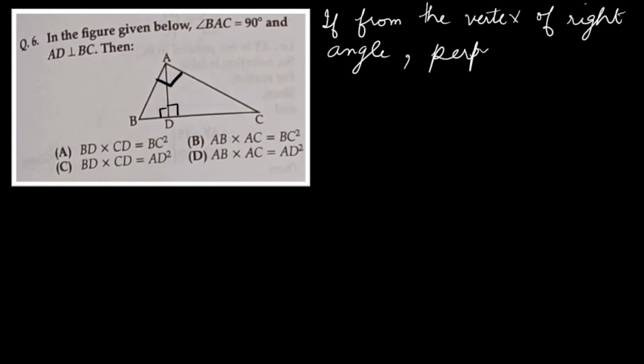See, three vertices are there in the triangle: A, B and C. But if from the vertex of the right angle, a perpendicular is drawn to the hypotenuse, meaning the opposite side.